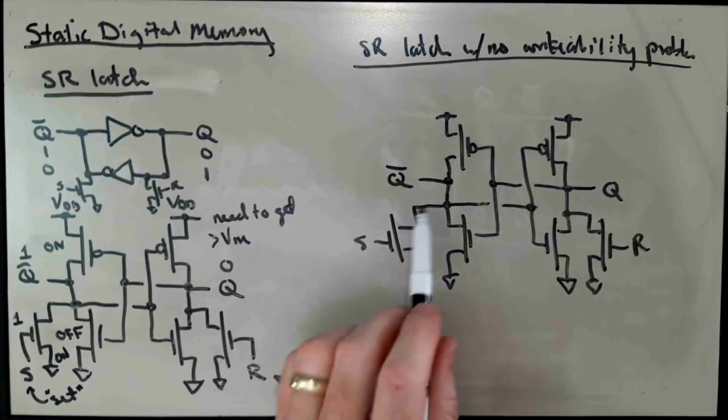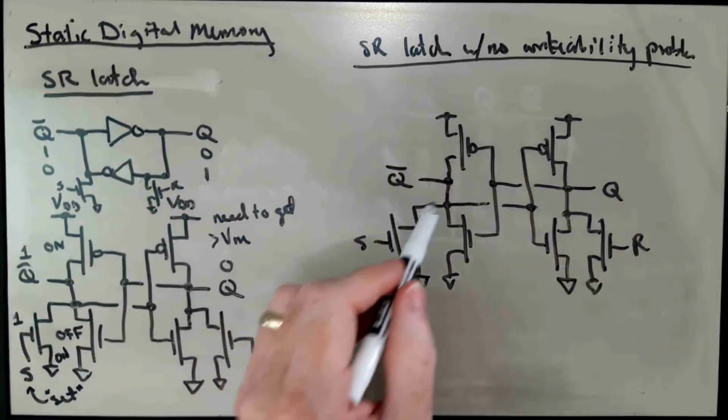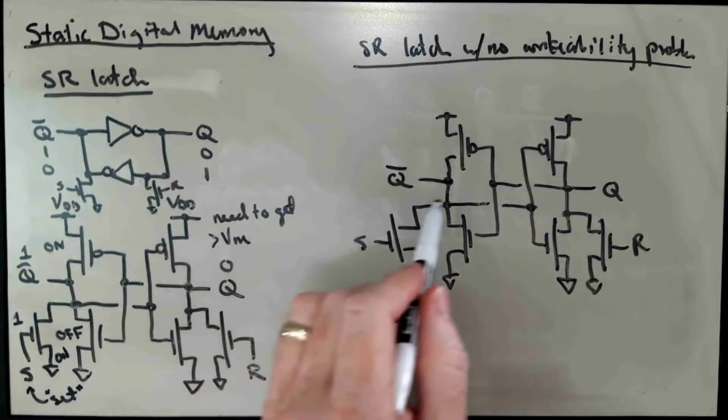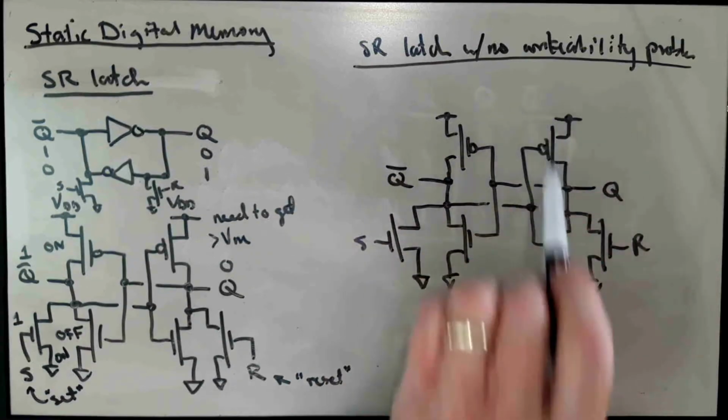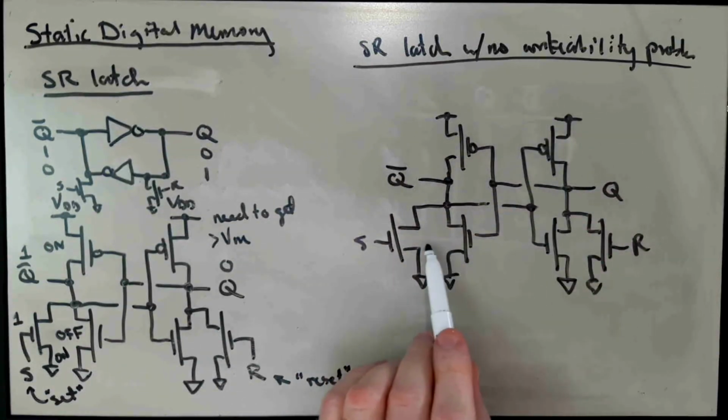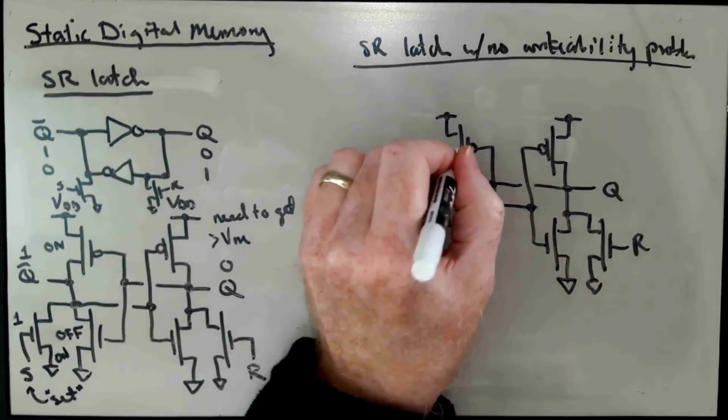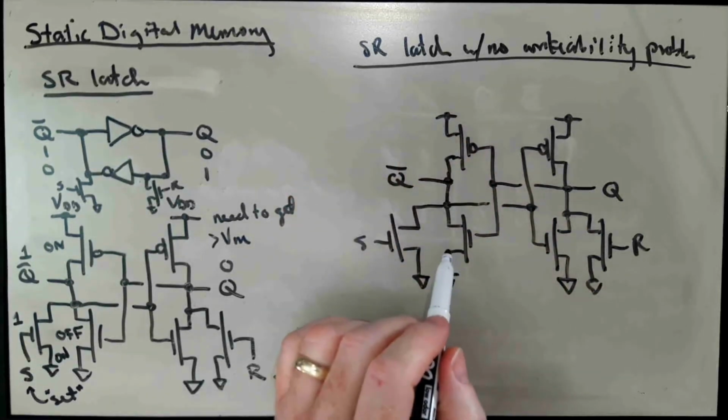You'll notice that if we think about each half of this circuit as a CMOS gate, these are identical gates, right? We've got two transistors in parallel with each other in the pull down, but we only have a single transistor in the pull up.